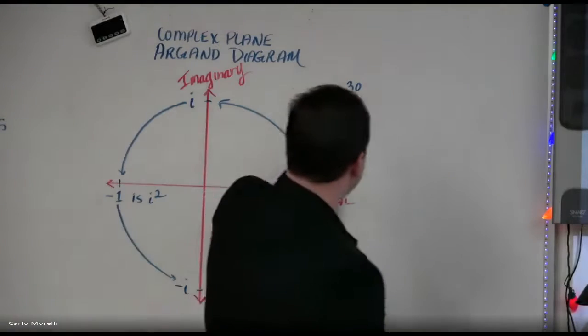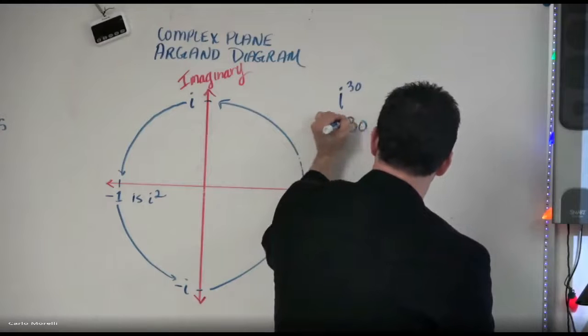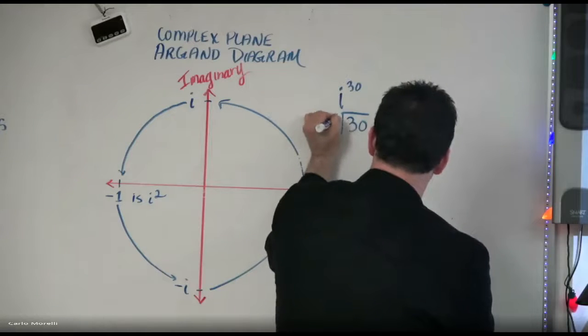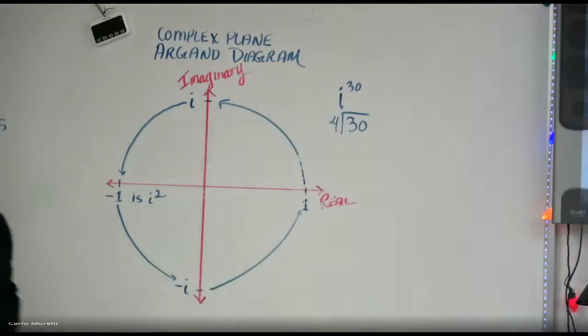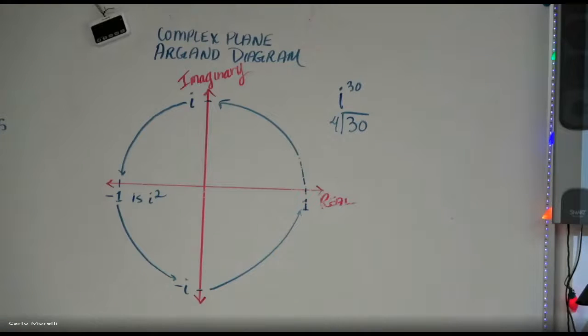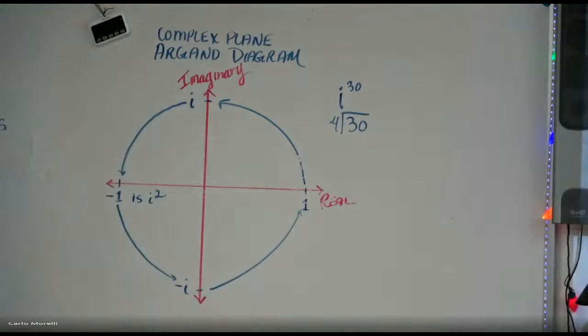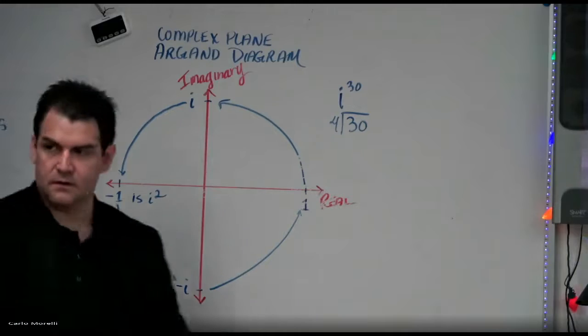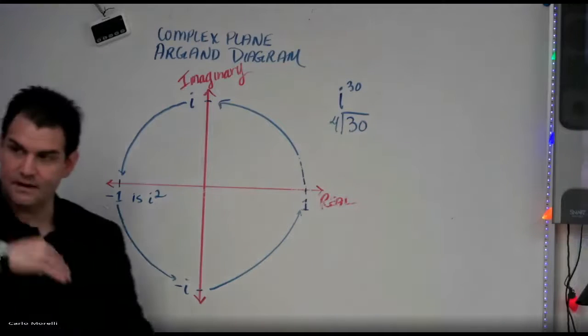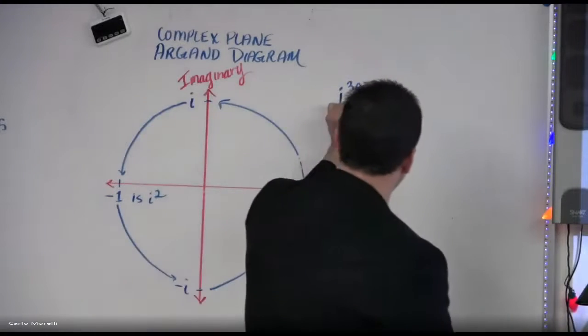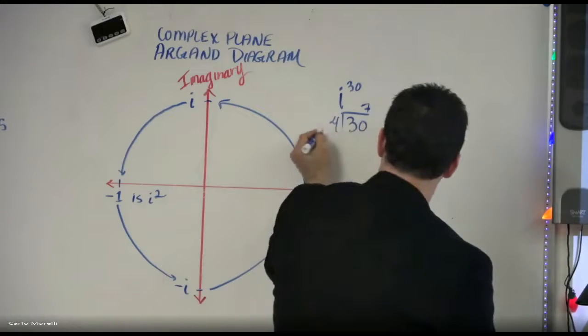So if we take 30 and divide by 4, we're going to find out how many total rotations there are. So how many times does 4 go into 30? What's the closest? 4 times 8 is 32, so back off. 7. So we put a 7 here. 7 times 4 is 28.